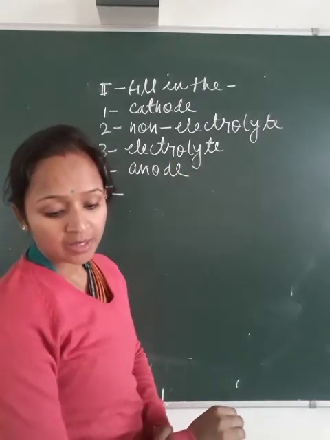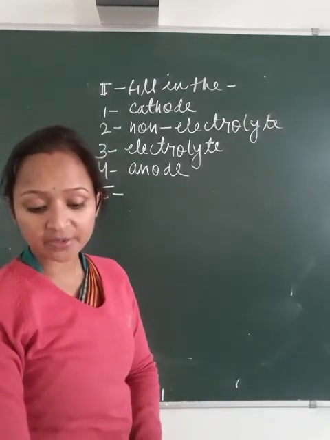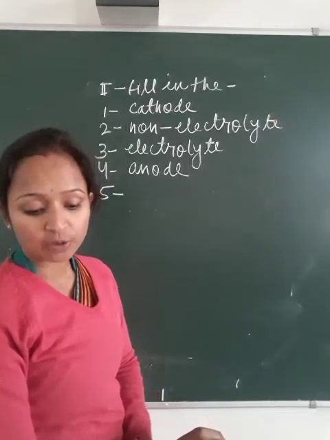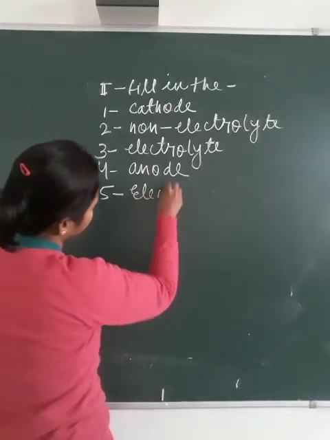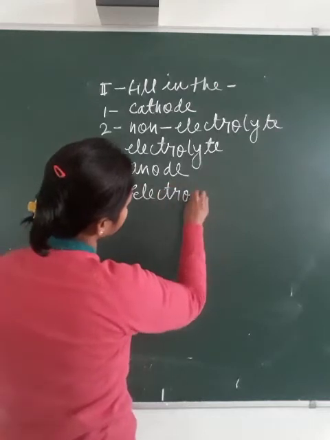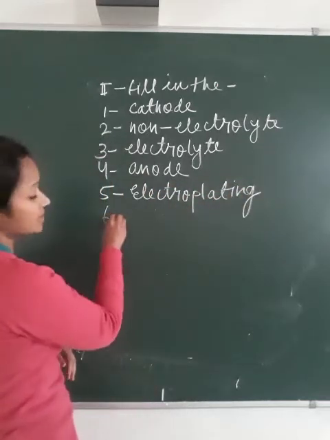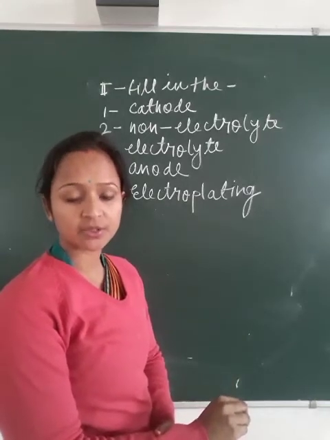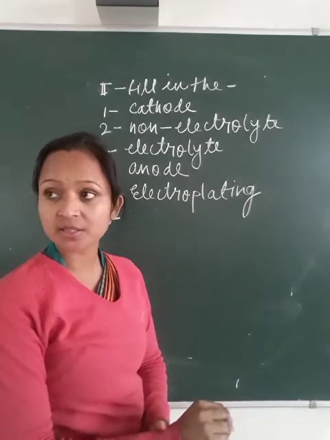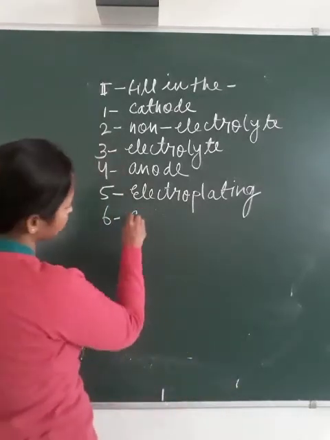Fifth one, electroplating is a process of depositing a thin layer of a superior metal on an object with the help of electricity. Sixth one, during electrolysis, an electrolyte undergoes chemical change.